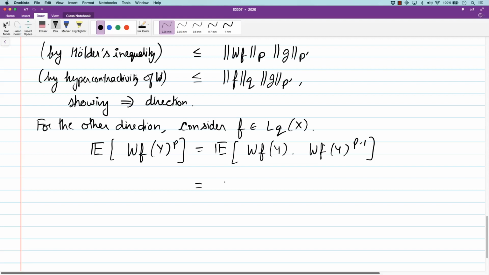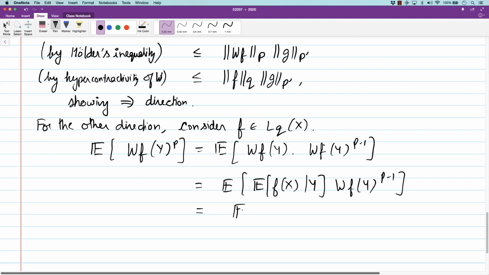So this is exactly equal to the expected value of f(x) given y times WF(y)^(p-1), which can also be written as the expected value of f(x) times WF(y)^(p-1).